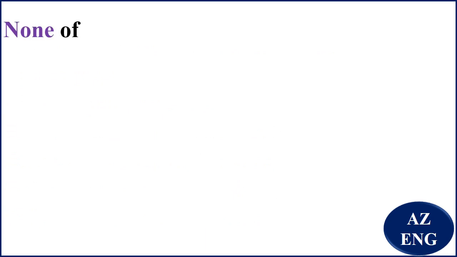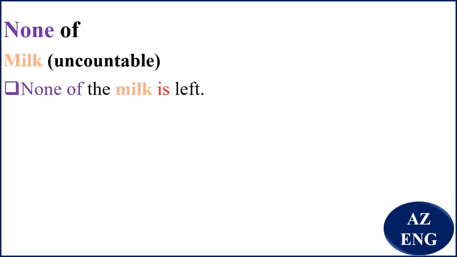And here what we've got is none of. So for example, the word milk is uncountable. Now I say none of the milk is left. Uncountable, this means you do not say one milk, two milks, three milks, etc. So we've got none of the milk is left.